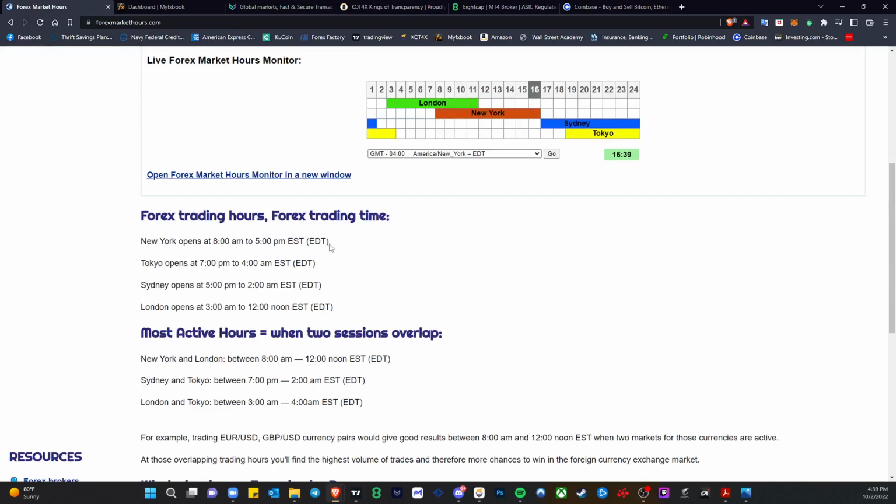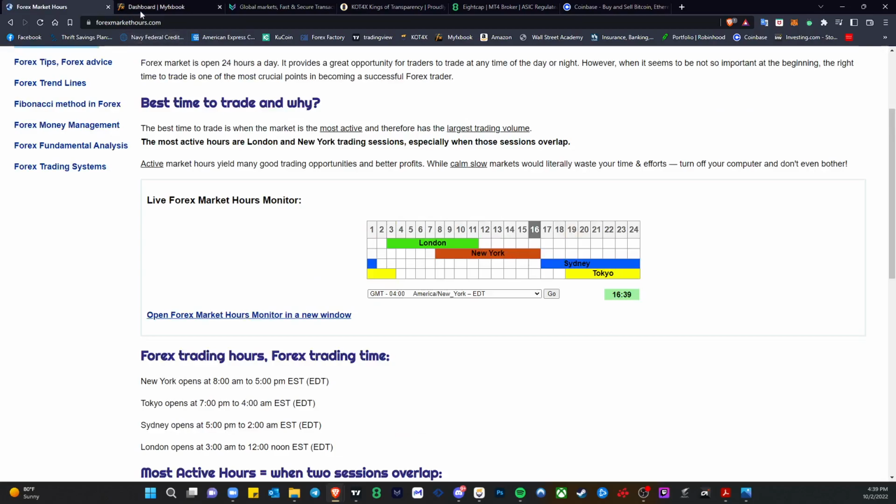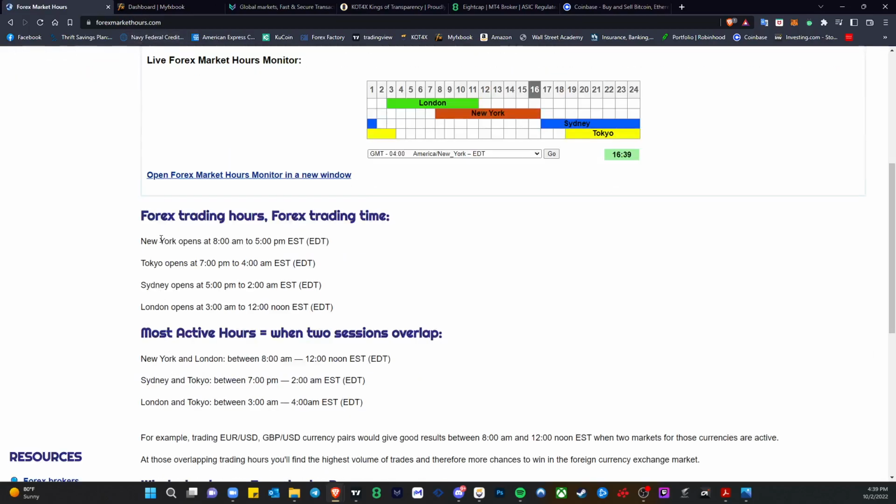For example, the New York session is best to trade all the USD pairs. It's best to trade during the New York session. Tokyo session is all the JPY, and Sydney is all the NZDs, like New Zealand dollars. London is all the GBP, like Great Britain pairs.